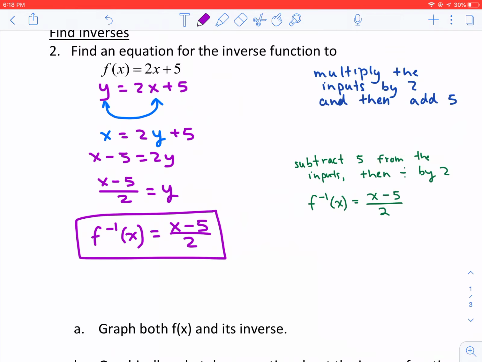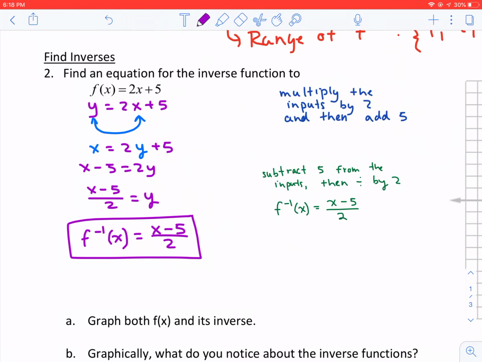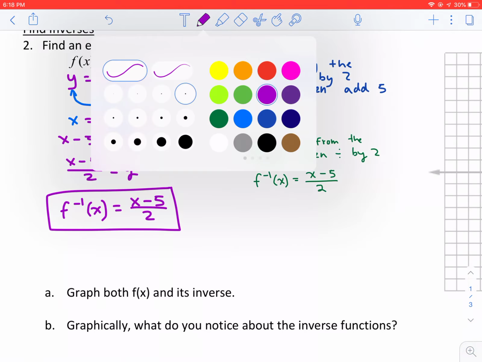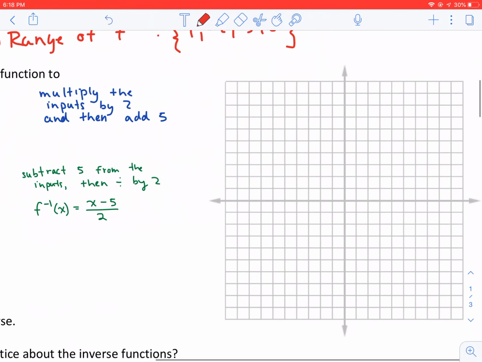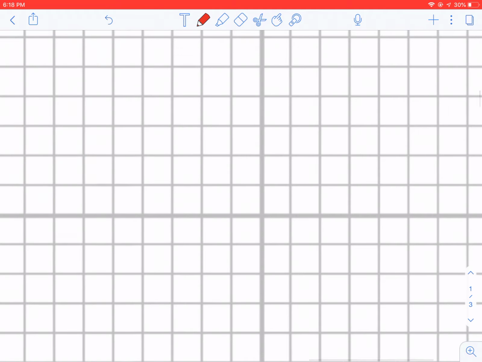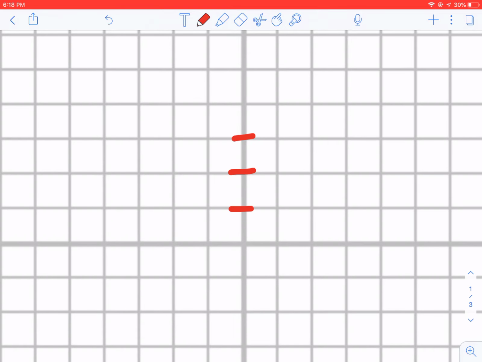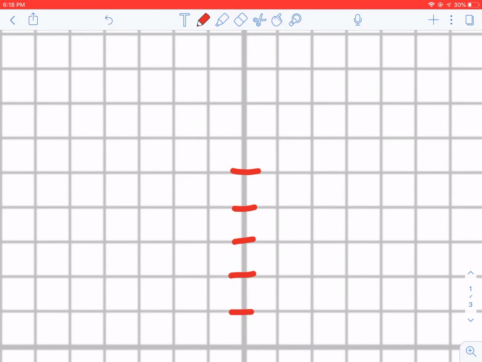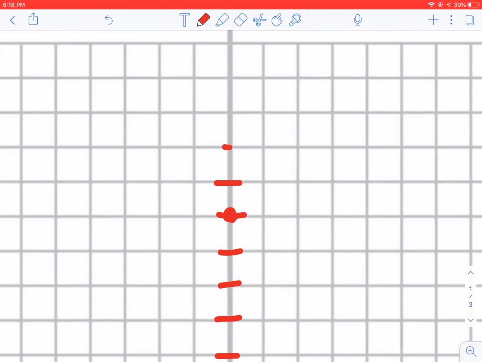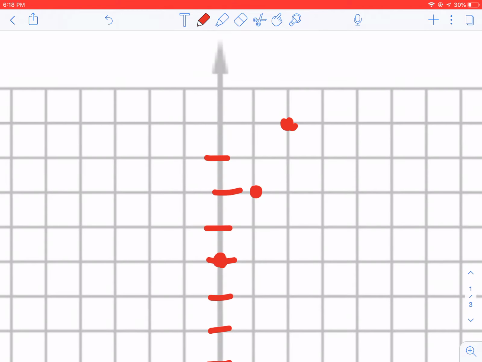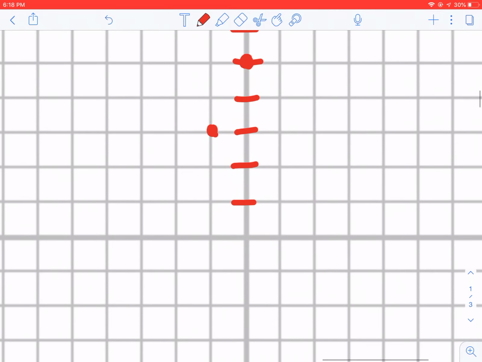So let's graph both of these and see what they look like. f of x was 2x plus 5. So I'm going to scale everything by 1. 1, 2, 3, 4, 5, 6, 7, 8. So up 2 over 1, up 2 over 1, down 2 left 1, down 2 left 1.